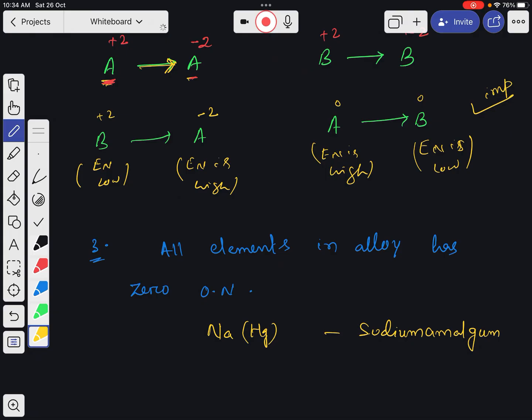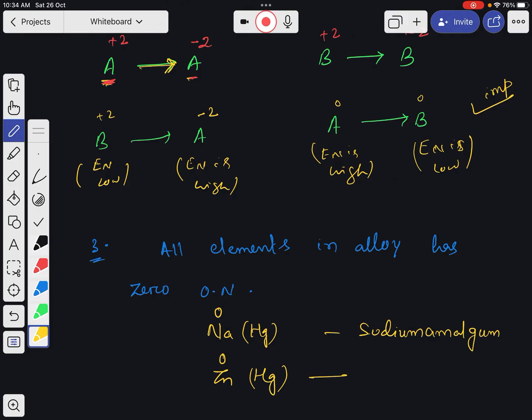Sodium amalgam means sodium metal dissolved in mercury. In this case, the oxidation number of sodium is 0, dipped in mercury. In case of zinc, this is called zinc amalgam, and the oxidation number of zinc is 0.